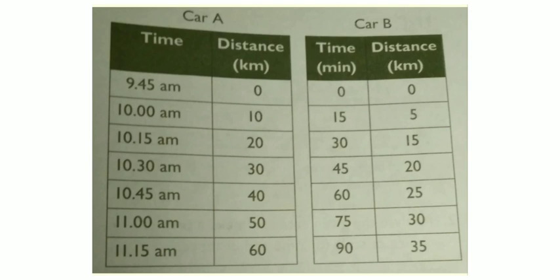And when a body moves unequal distances in equal intervals of time, it is said to describe non-uniform motion. Thus, the motion of car A is uniform motion, whereas the motion of car B is non-uniform motion.